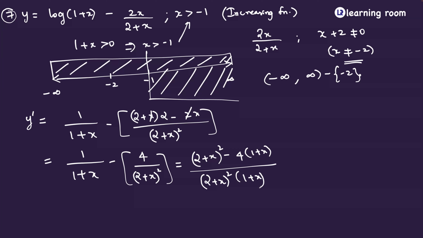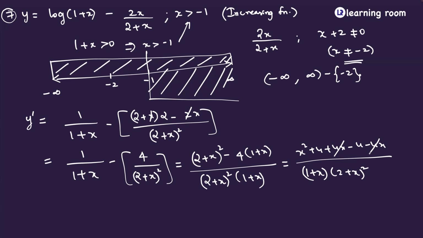Any doubt till this step? So 2 plus x the whole square is basically x square plus 4 plus 4x. So it is going to be x square plus 4 plus 4x minus 4 minus 4x, the whole divided by 1 plus x into 2 plus x the whole square. Clear with this? So what gets cancelled? 4x and 4x are gone.